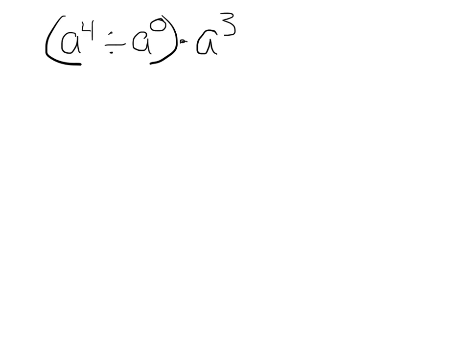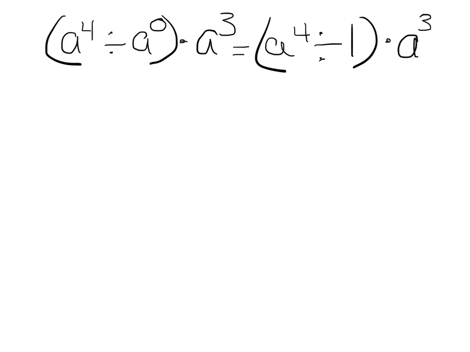And I know that 4 to the 0, anything raised to the 0 exponent, will equal 1. Now one final example. Let's take a to the 4th divided by a to the 0, all multiplied by a to the 3rd. The first thing I'm going to do is use my zero power here. So I'm going to rewrite this as a to the 4th divided by 1, times a to the 3rd.